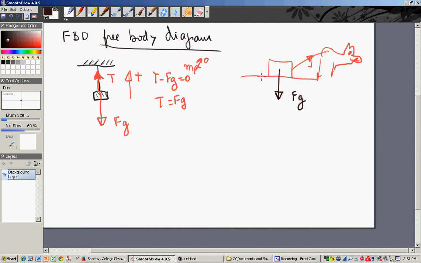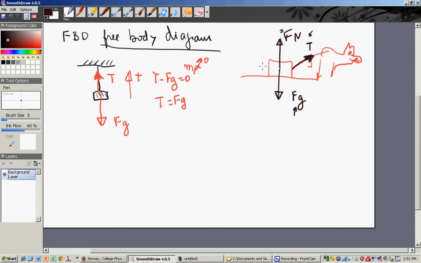I have the weight, always vertical and pointing down. Remember, now I have the block standing on a surface, so I do have a normal force. What else? Well, if the horse is pulling the block with a cord, I have a tension force here.